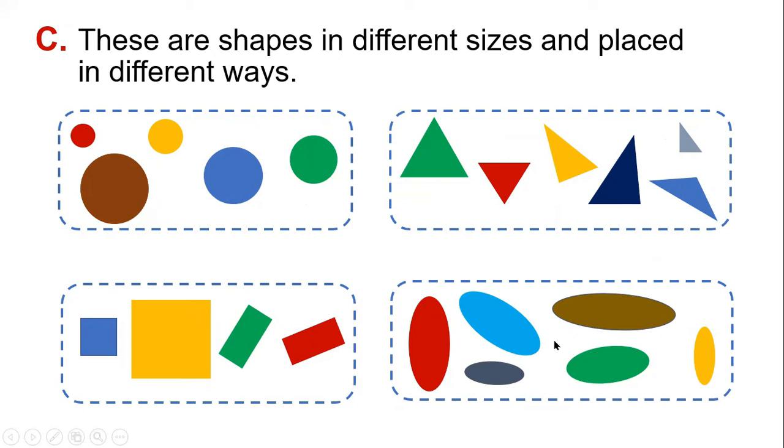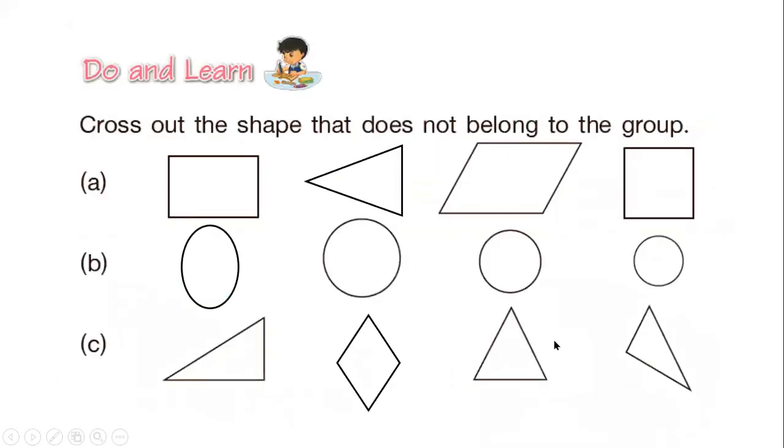Okay, now let's do some practice. Cross out the shape that does not belong to the group. We look at A. This is a quadrilateral because it has got 4 corners and 4 sides.